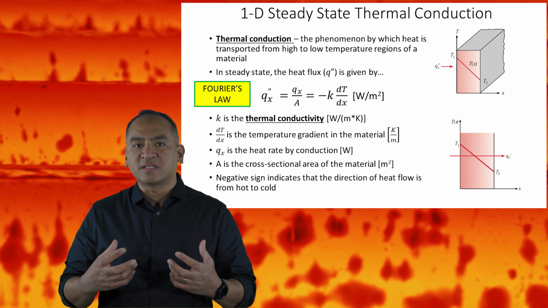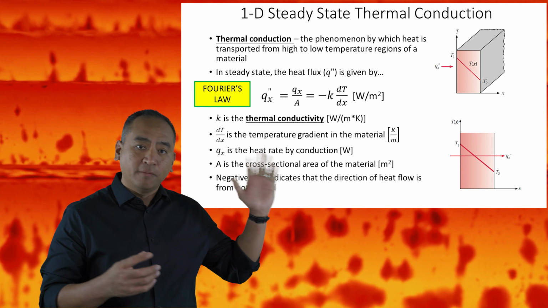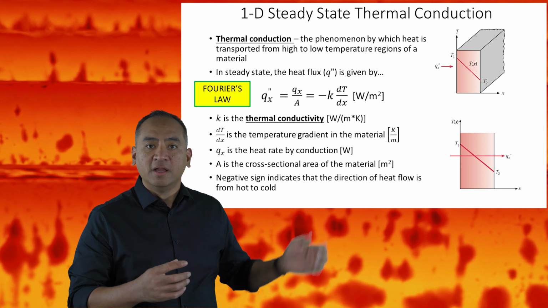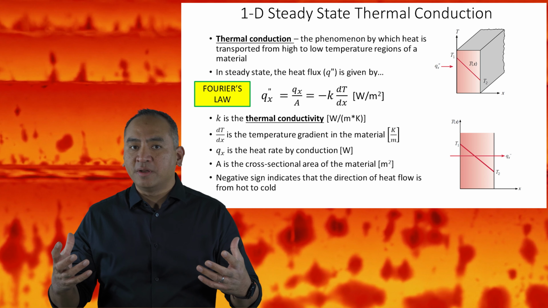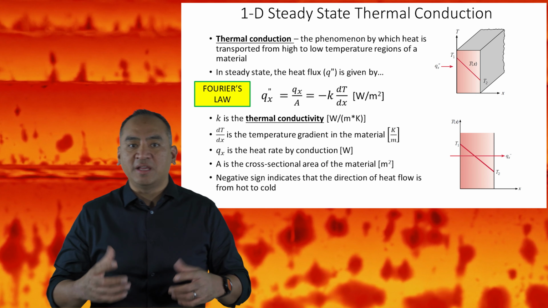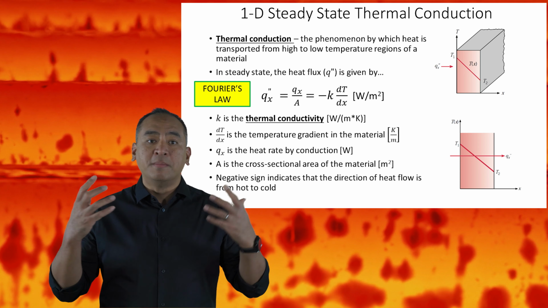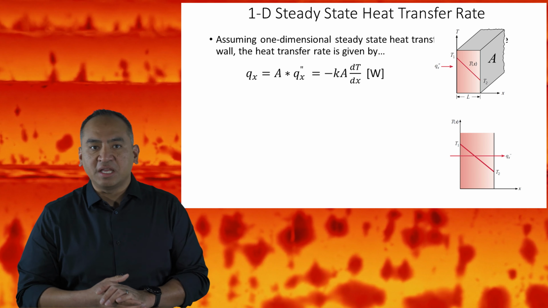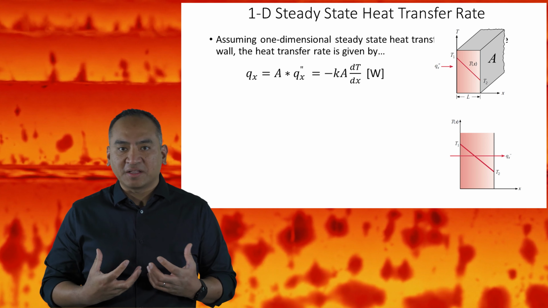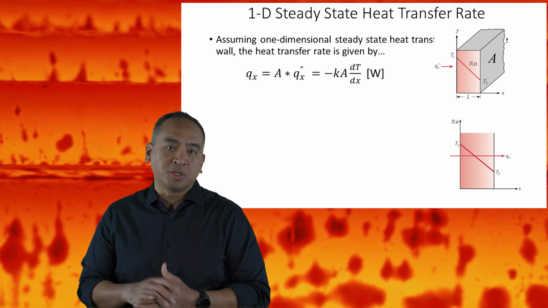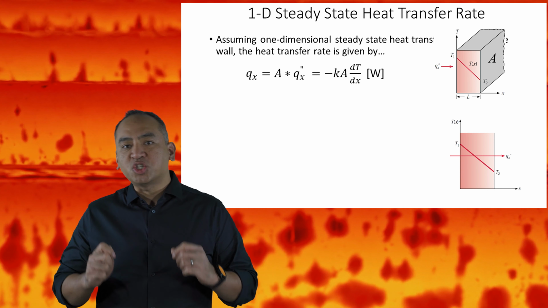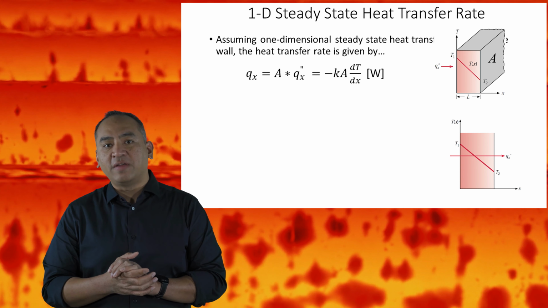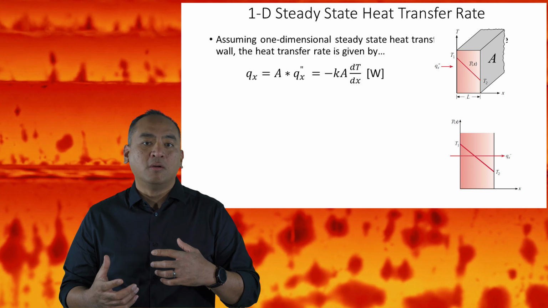Before we begin this discussion, let's go back to Fourier's law, which is seen here. Let's look at another form of Fourier's law, which we can use to calculate the heat transfer rate through a material. As you can see, this is merely the heat flux multiplied by the cross-sectional area, A. Heat transfer rate has units of energy in joules per second, or watts.